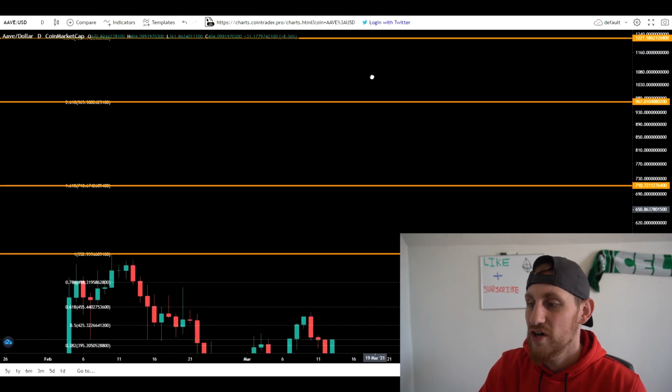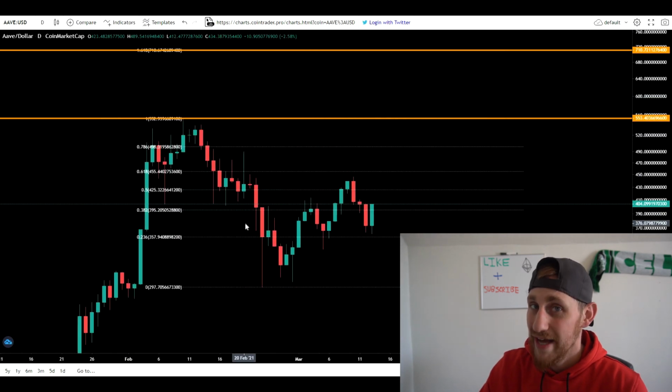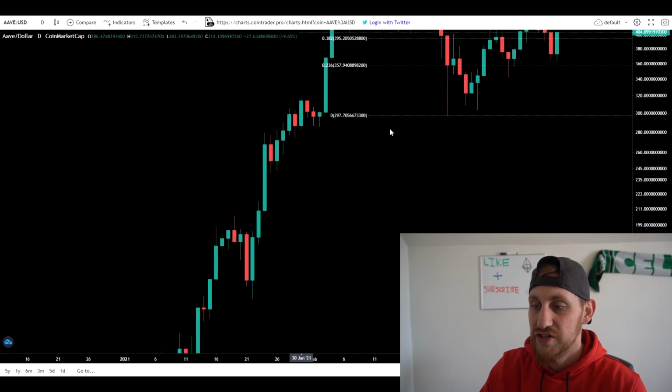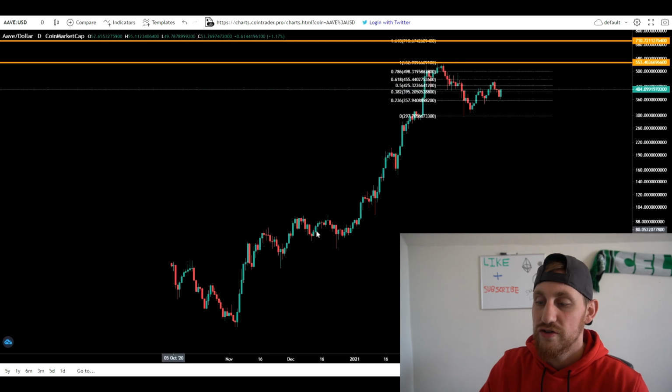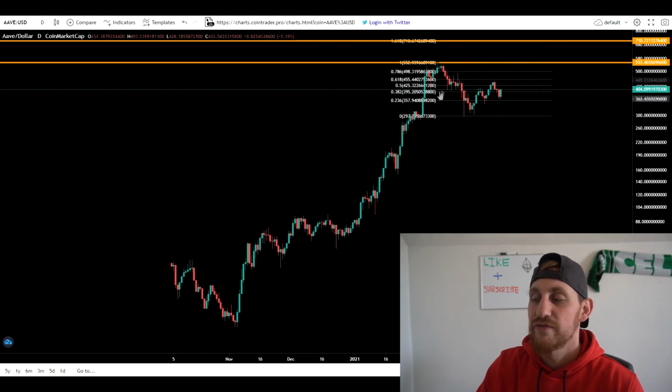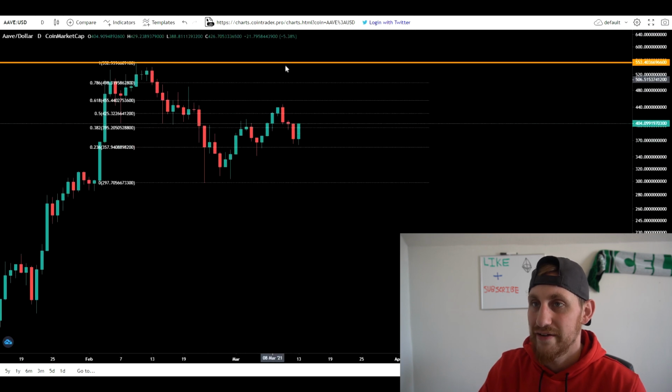All right, so those are our targets moving forward from our last swing high to our last swing low. Now, long term, we don't really have much to look at just because Aave is such a newer coin. Okay, because if we zoom out, there's no really long-term Fibonacci targets we can look at. We really only have this short-term kind of little pattern here, okay?